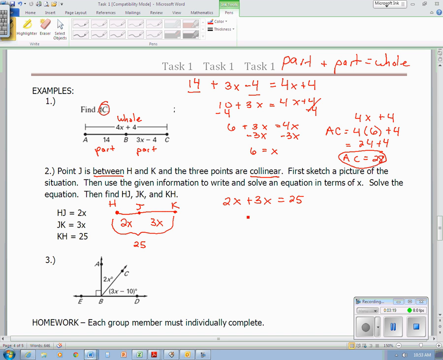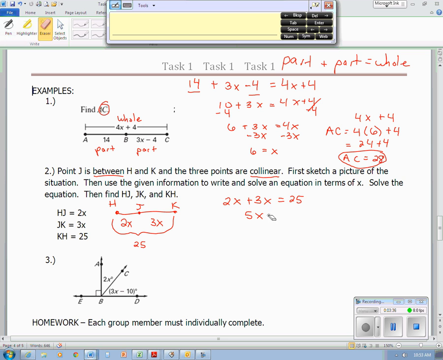Now once I've got my equation set up, I just need to solve. So 5x equals 25. Okay, so x equals 5.